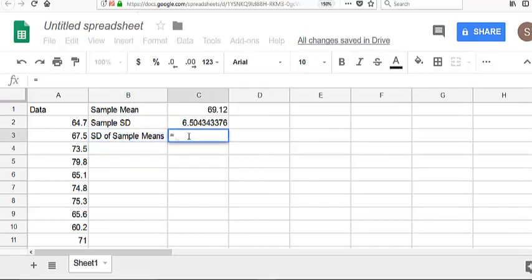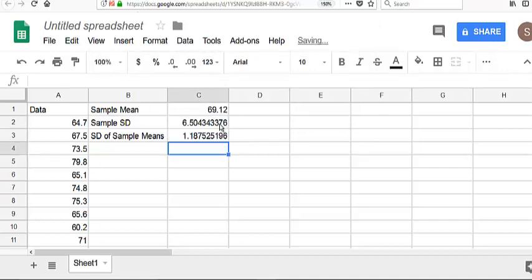What we do there is we take the sample standard deviation, which is C2, and we divide, slash, the square root, SQRT, of the number of data points, which is 30. So we get 1.1875. So that was step 1, step 2, step 3.